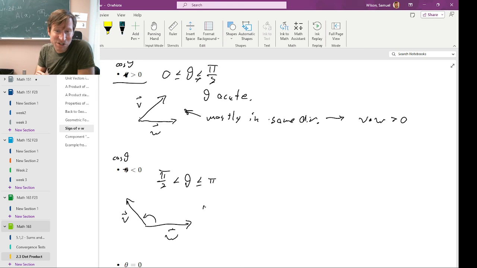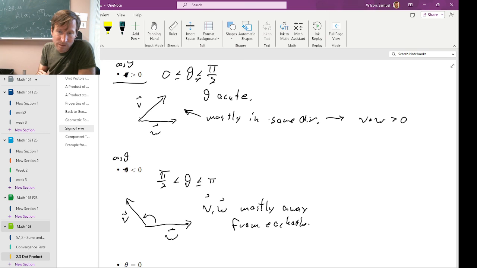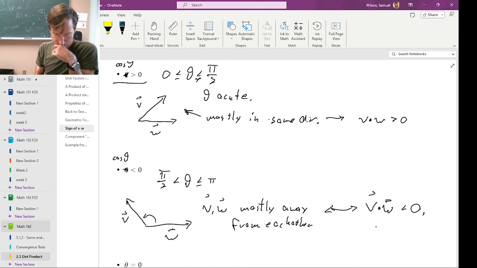So in this situation, v and w are pointing mostly away from each other. And so in that case, v dot w is going to be negative, right? Because again, the sign of this cosine part is controlling the sign of the dot product.